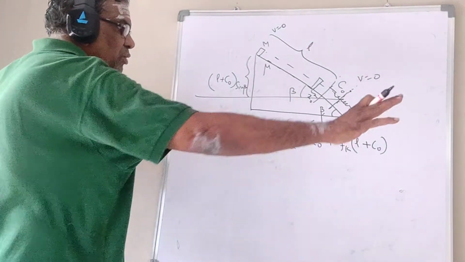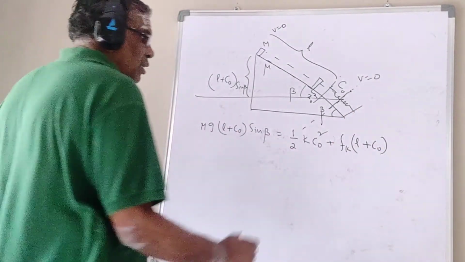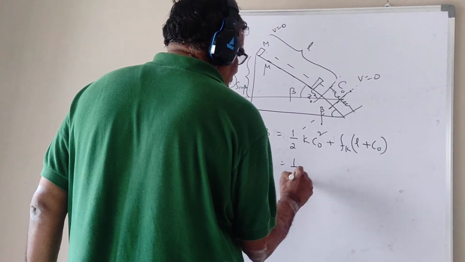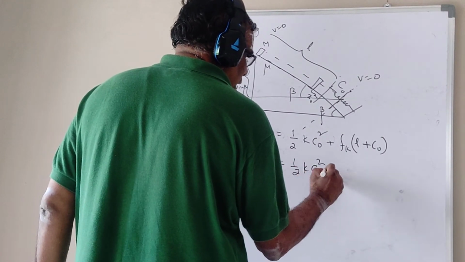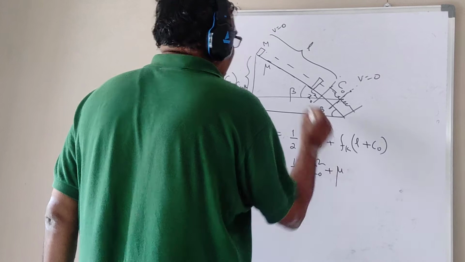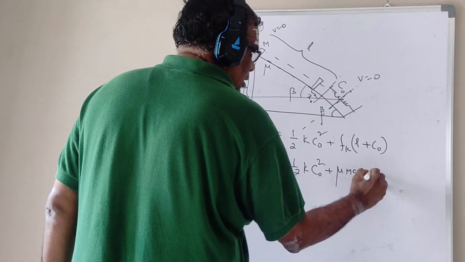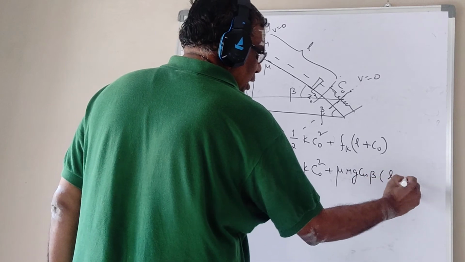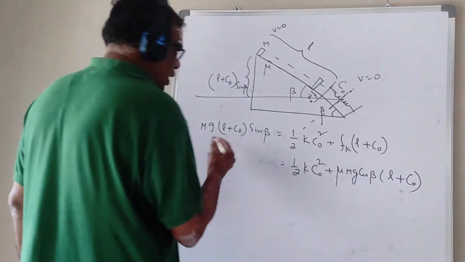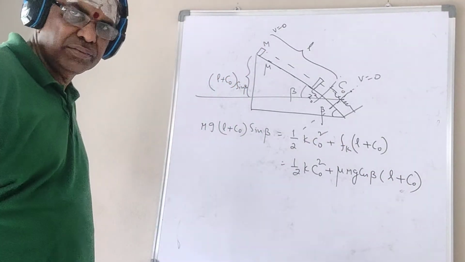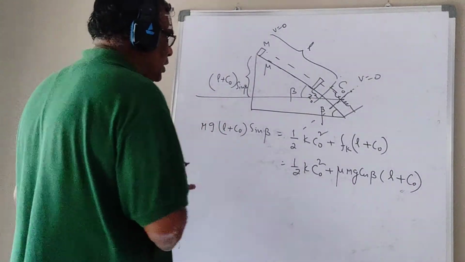I have established one equation here. What is Fk? mu N. What is N? Mg cos beta. So I have one equation here. Fine. There's no problem with this.